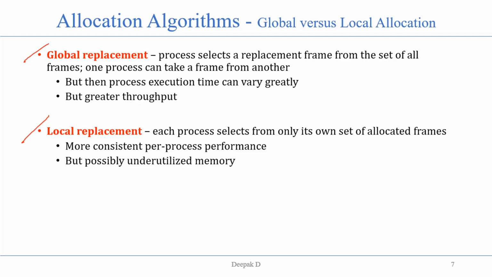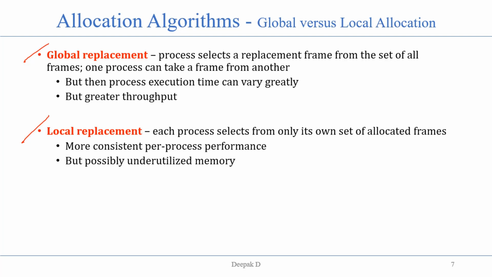So what is global replacement? Global replacement allows a process to select a replacement frame from the set of all the frames available in your system, that is, available in your main memory.